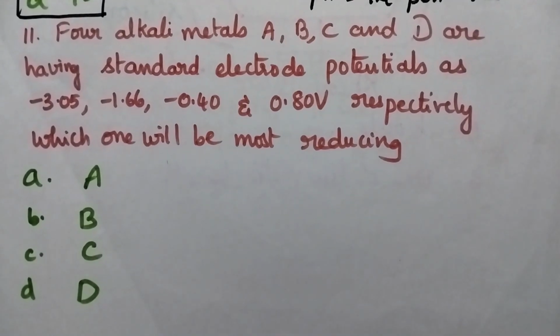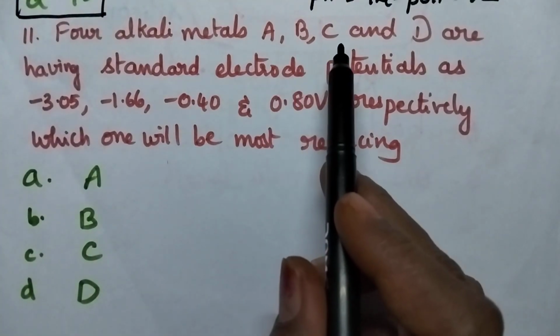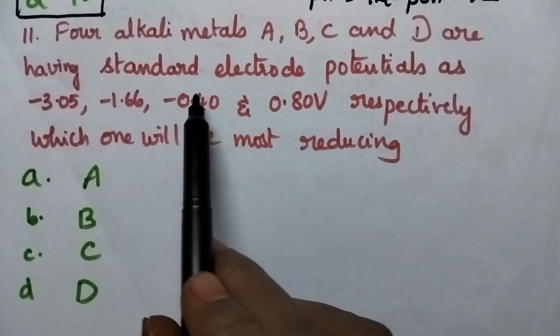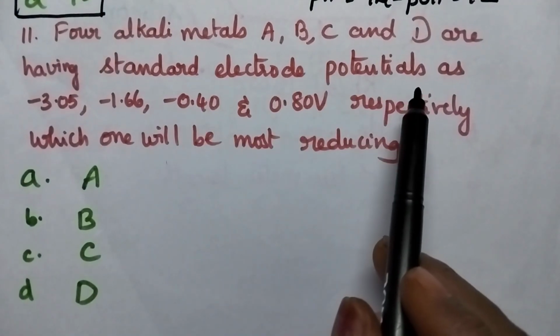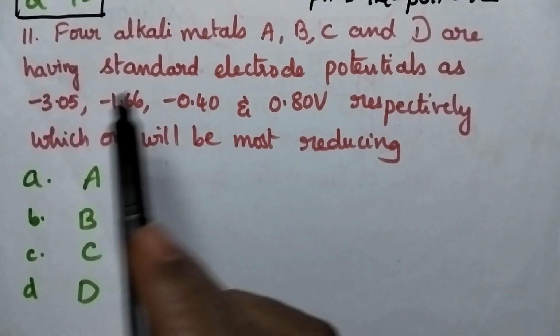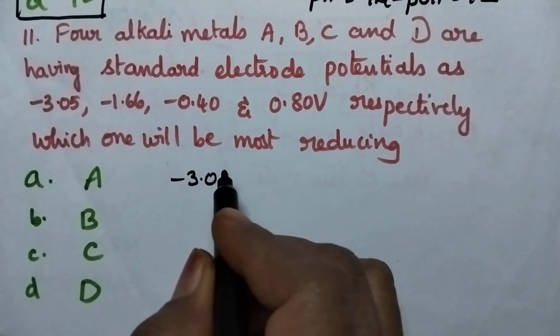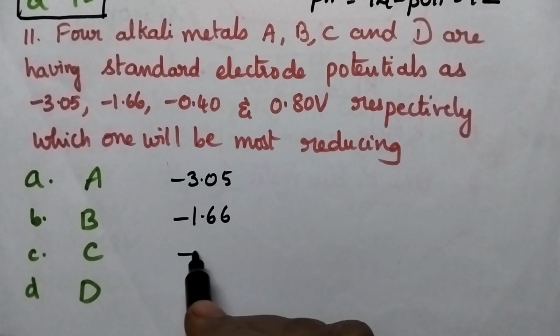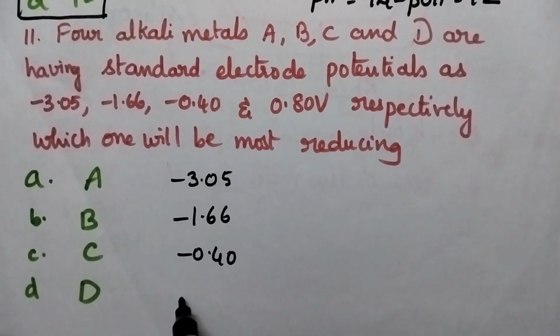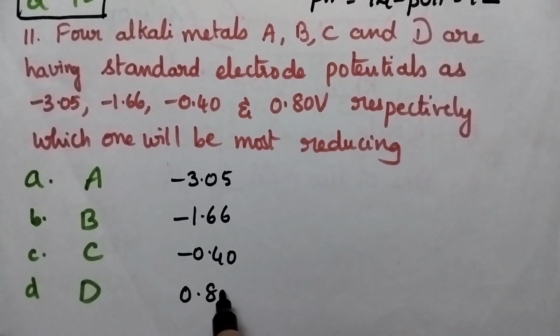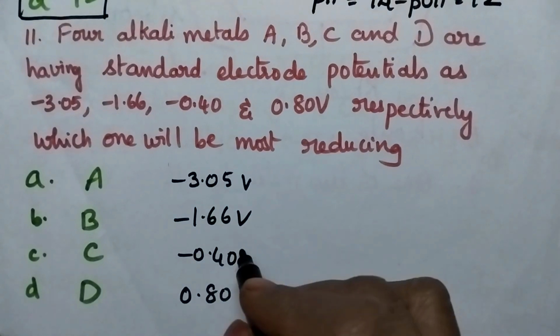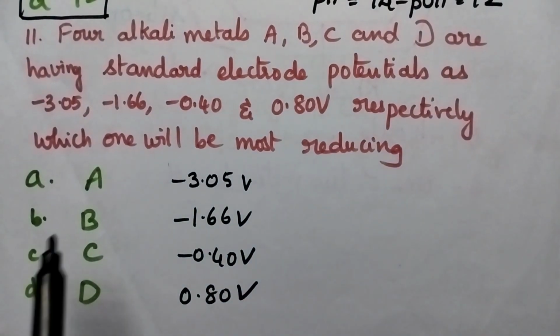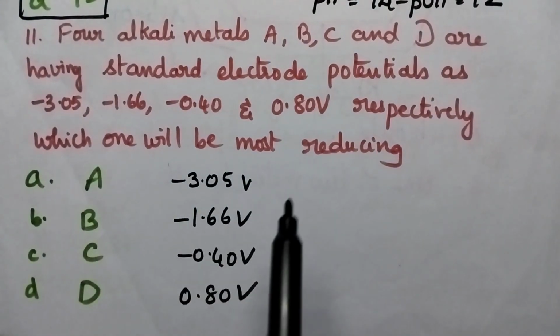Four alkali metals A, B, C and D are having standard electrode potentials as minus 3.05, minus 1.66, minus 0.40 and 0.80 volts respectively. Which one will be the most reducing?